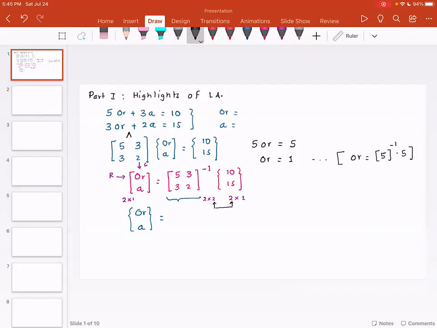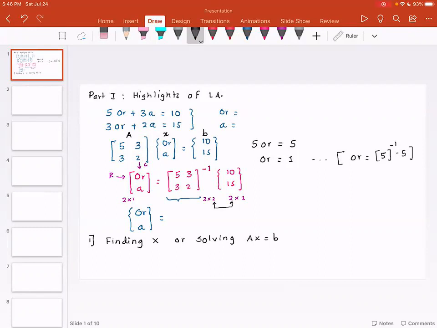So this matrix, if I were to call it A, if X is my unknown and B is my known, the first class of problems is finding X, or solving AX is equal to B. This is the first type of problem that we would start to look at when we study linear algebra.